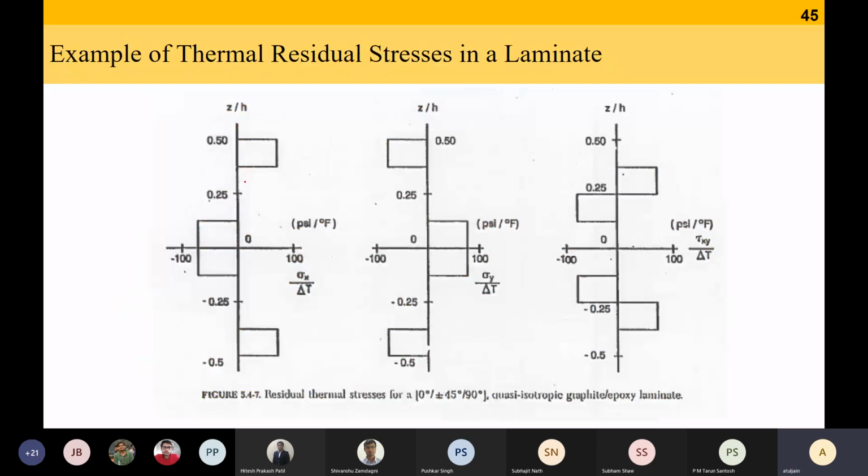Okay, and for the 90 degrees it comes out to be negative. So if I have a 0, plus minus 45, 90 symmetric laminate, the 0 degree laminas are going to be subjected to tensile residual stresses. The 90 degree are going to be subjected to compressive. The 45 degree will have hardly any residual stress.